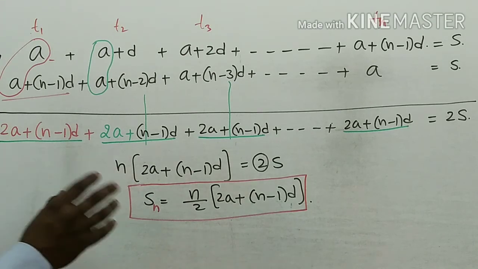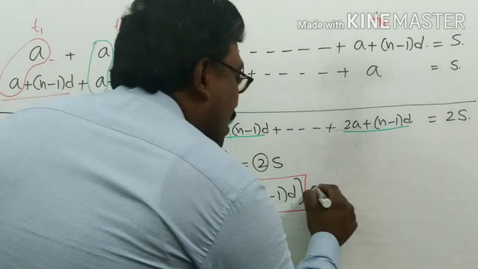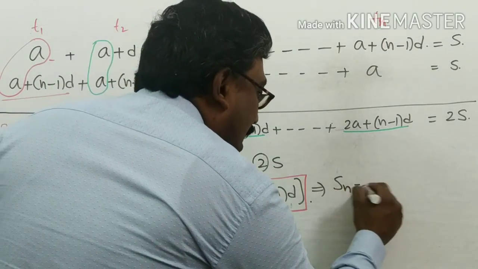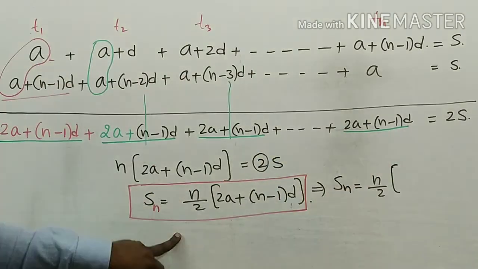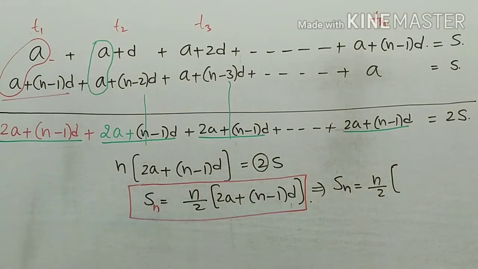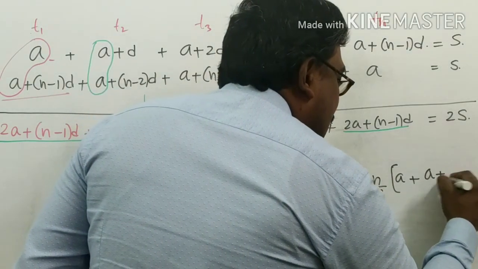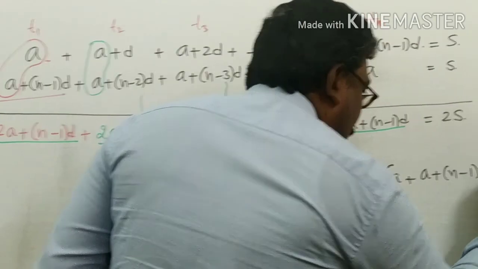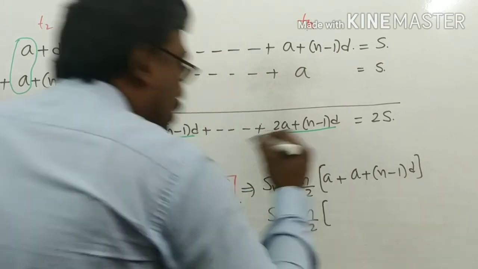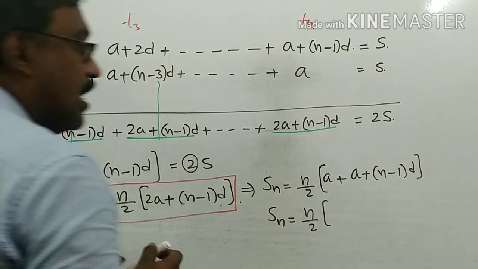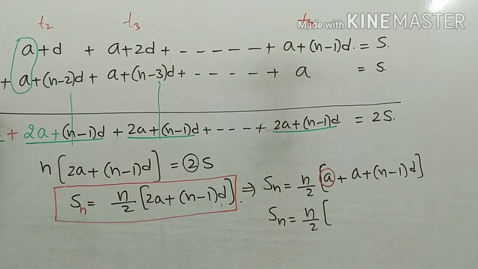I am diverging a little from this formula; in one more way also we can write n by 2 into, can I write 2a as a + a? Right? So Sn is equal to n/2 into (a + a + (n − 1)d). Now see, what is a? The first term.